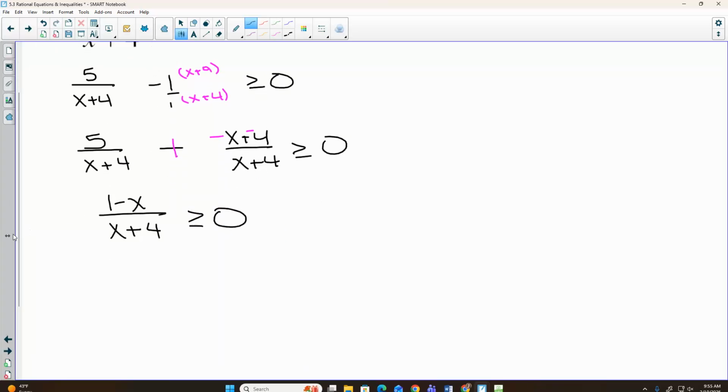So we had a little more legwork this time because we had to get a common denominator, so we had a single fraction. Okay. From here, we're ready to find our points on the sign line. So we have to set top and bottom equal to 0.